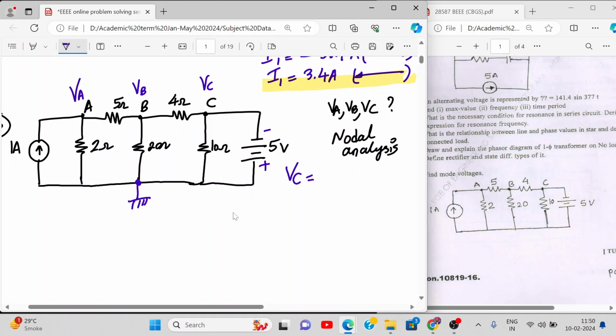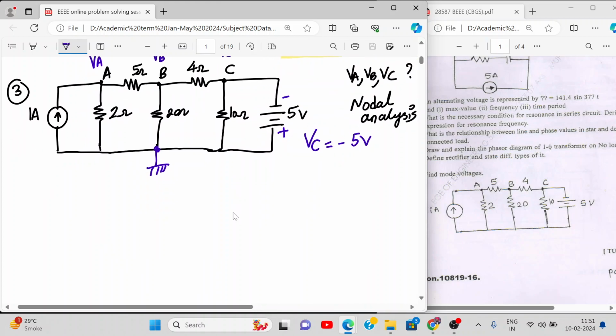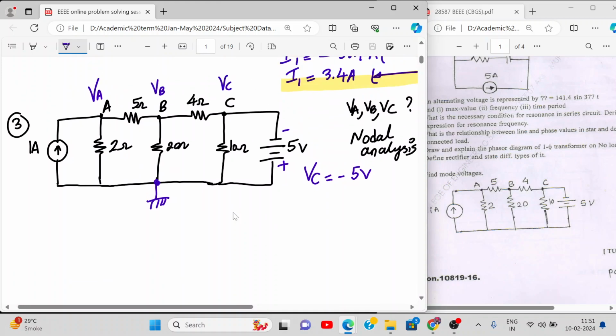Can you tell me? Minus 5. Yes. If you go from here, we have VC plus 5 is equal to 0. So VC will be equal to minus 5. That's correct, because directly this voltage is coming between this node and the ground node. So we write this voltage as it is. Now one node voltage we already got. Other node voltages, how do we get?